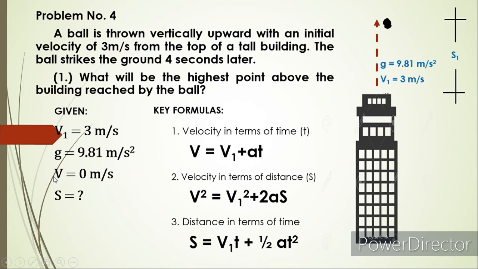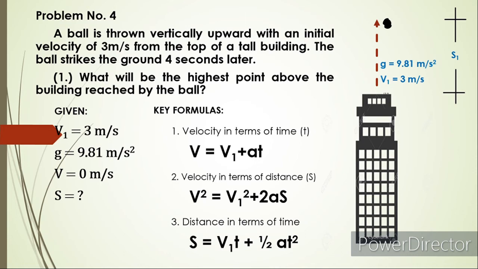Meron tayong velocity final na 0 meters per second. Bakit? Kasi di ba pag isang bagay hinagis mo papunta sa taas, dadating yung point na mawawalan siya ng velocity. Pag naabot niya na yung highest peak niya, magsi-zero yung velocity, then saka siya babagsak pa ilalim.